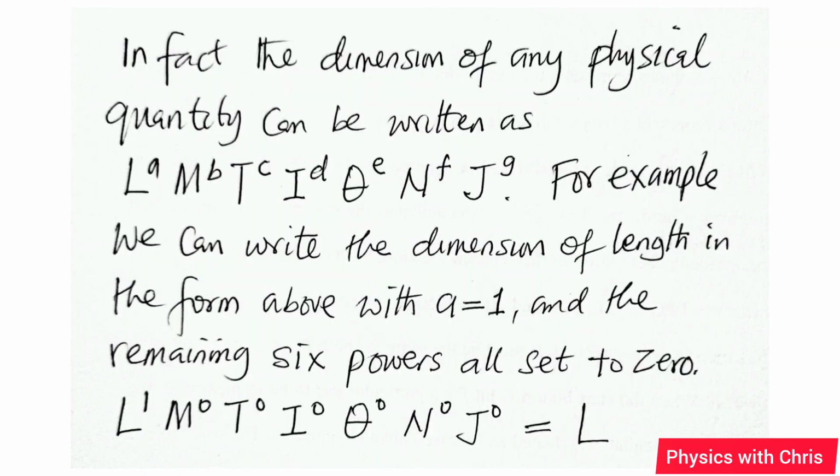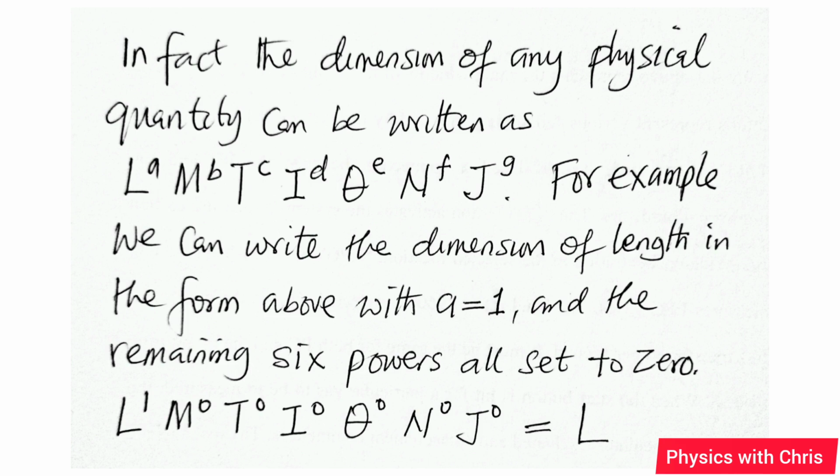In fact, the dimension of any physical quantity can be written as you can see on the screen there: L raised to the power a, M^b, T^c, I^d, theta^e, N^f, J^g. For example, we can write the dimension of length in the form above with a equals 1 and the remaining 6 powers all set to 0.